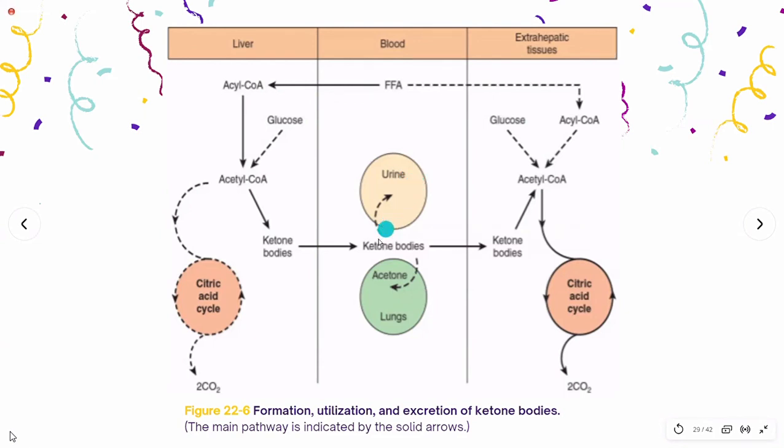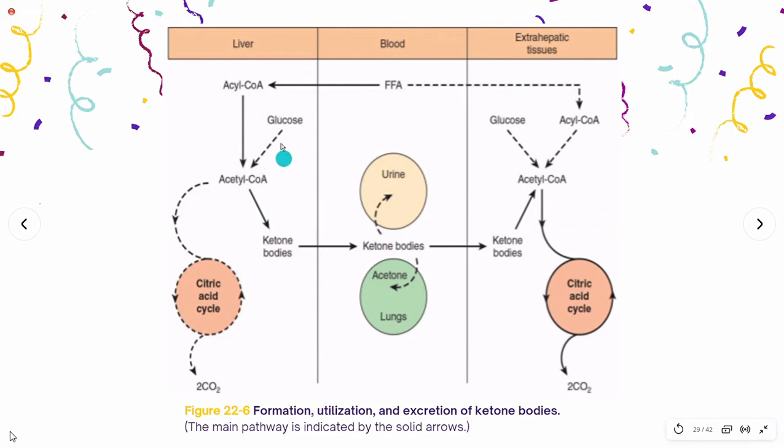In tissues that can activate the ketone bodies, they can be used as a fuel. Like the brain can use ketone bodies. The heart can also use ketone bodies, converting it into acetyl-CoA. Acetyl-CoA goes into the citric acid cycle and releases energy.